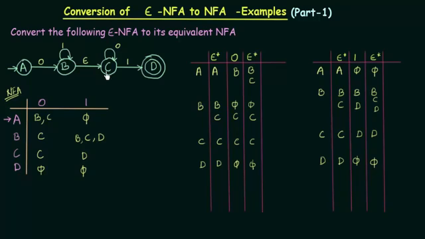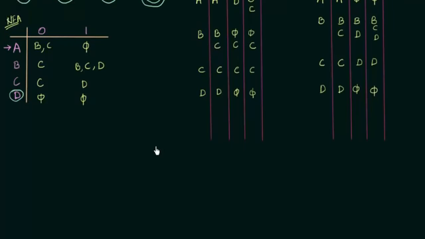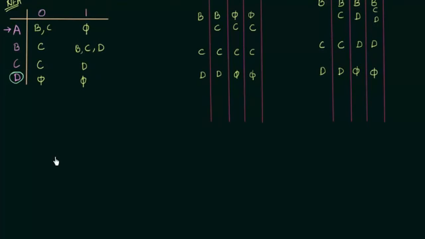B on epsilon can come to C, but it cannot go to D after that by seeing only epsilon. So B is not a final state, and C also cannot reach D just by epsilon. So C is also not a final state. So the only final state is D, which was there in the original epsilon NFA.